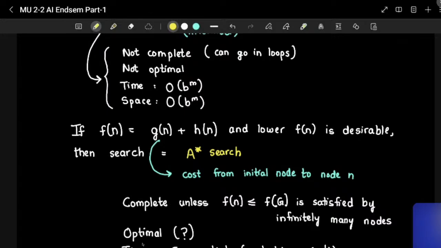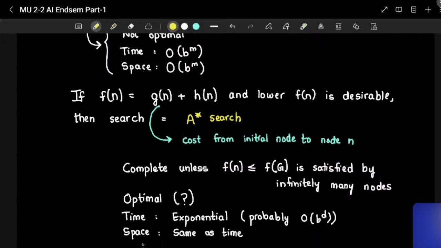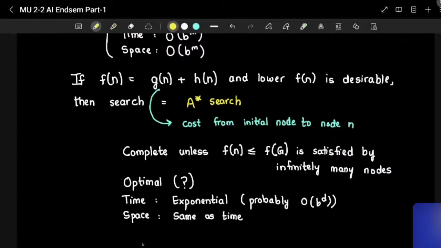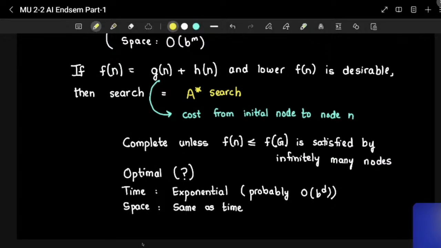In greedy best first search, we were only looking at the heuristic, the estimated cost from the current node to the final node. In A star, you'll add both of these two values together. So you'll check the sum of the cost incurred from the start node to the current node, and the estimated cost from the current node to the final node.